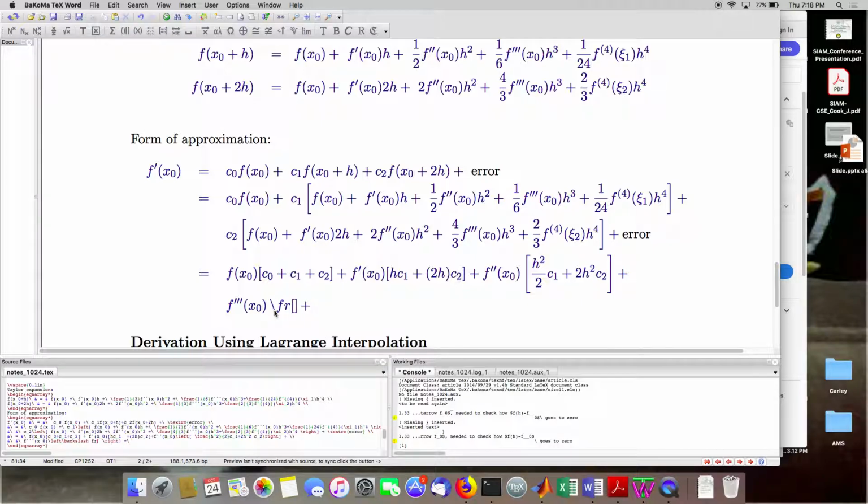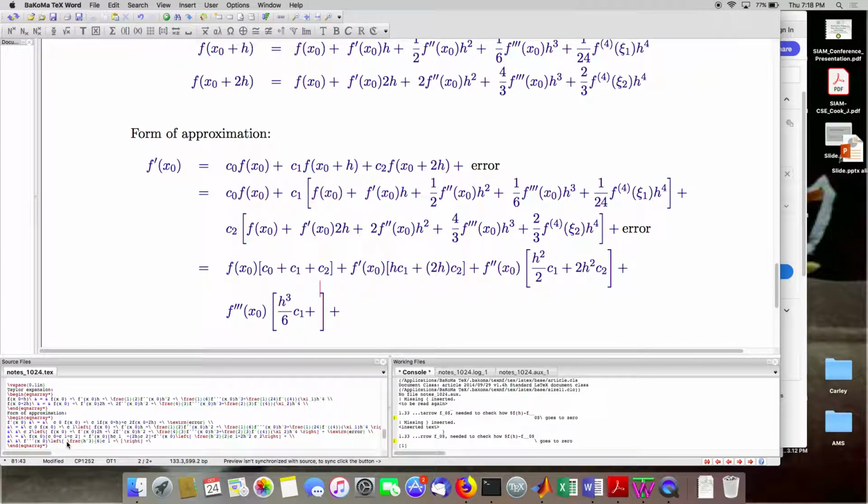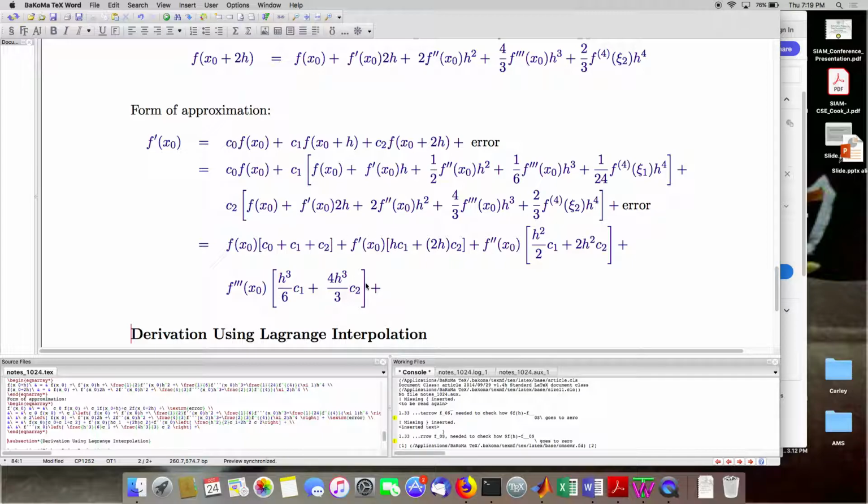So h cubed over 6 c1 plus whatever's multiplying f triple prime here, 4/3 h cubed, 4h cubed over 3 c2.